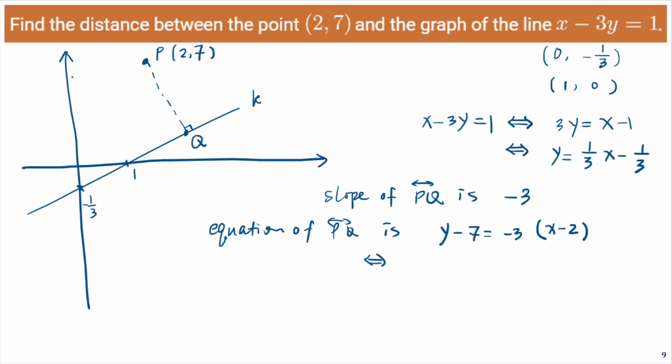And rearranging this gives us 3x plus y equals 7 plus 6, which is 13, right?